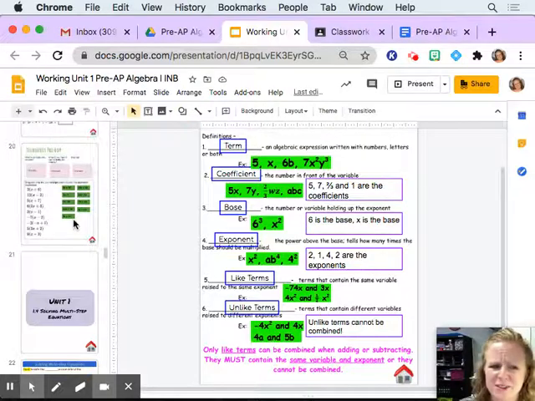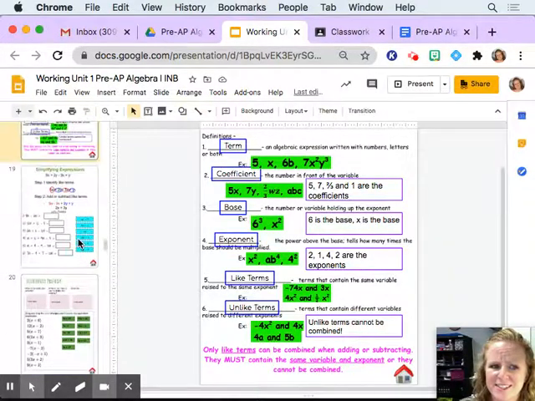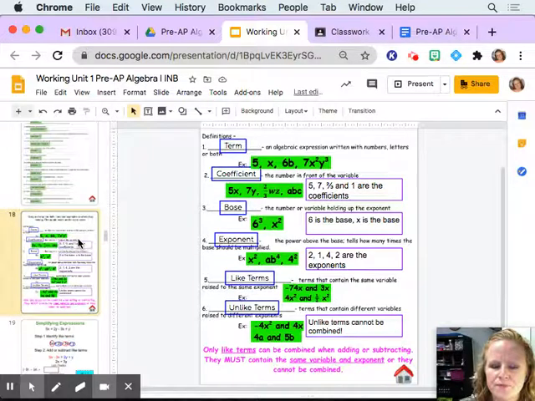Only like terms can be combined when adding or subtracting. They must contain the same variable and exponent, or they cannot be combined.